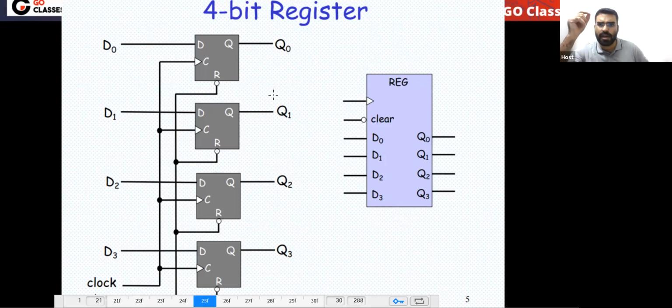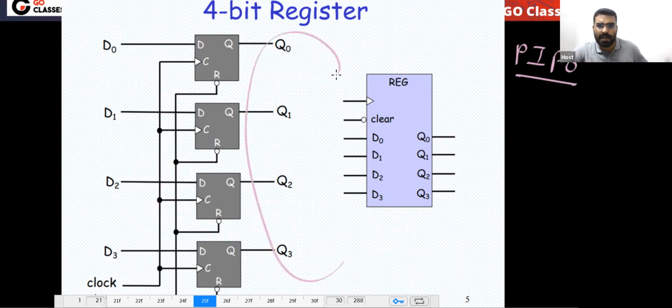A lot of questions come from that topic in the GATE exam, and we have solved all of them. What is this type of register? This is your PIPO, because you are giving parallel inputs and you are getting parallel outputs.